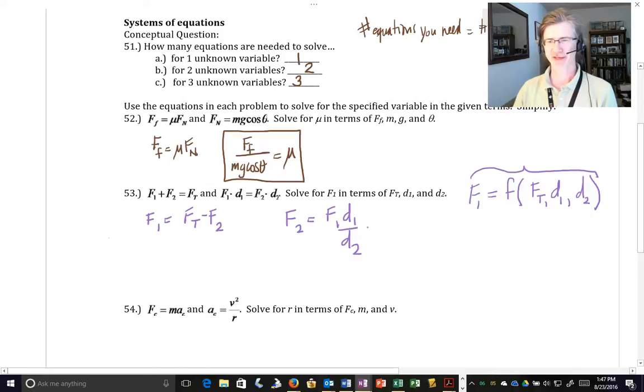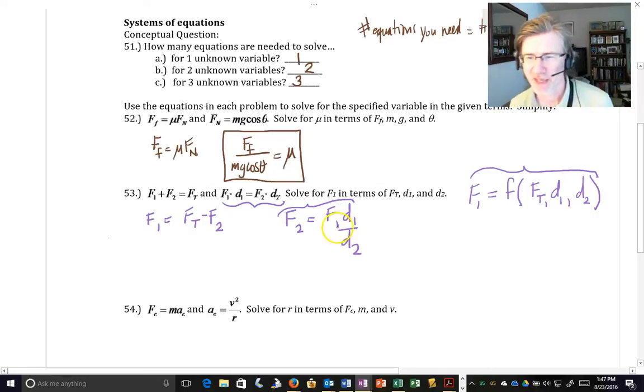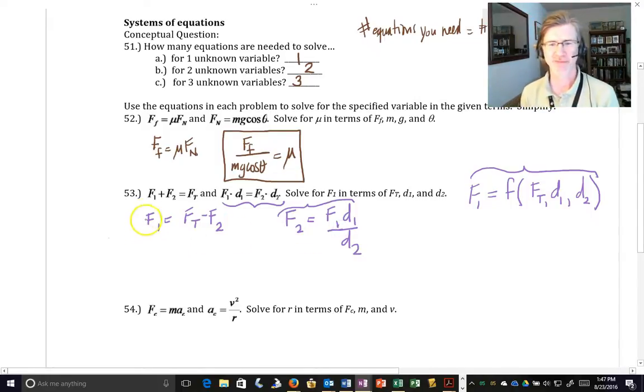This equation came from the equation right here, just rearranged. I divided both sides by D2. And this equation came from that first equation. What I notice is that F2, I can put it in over here.